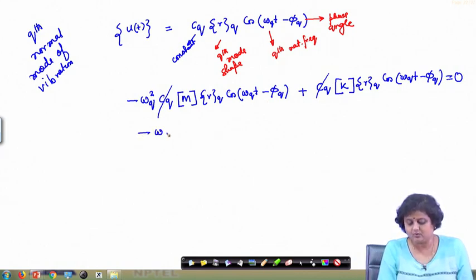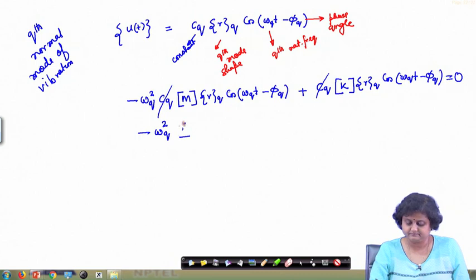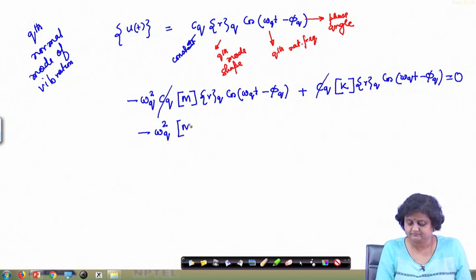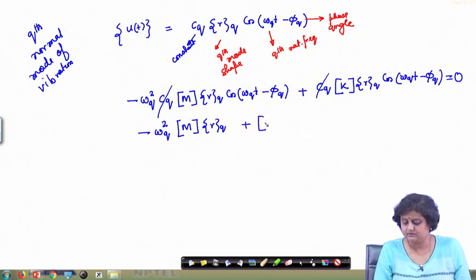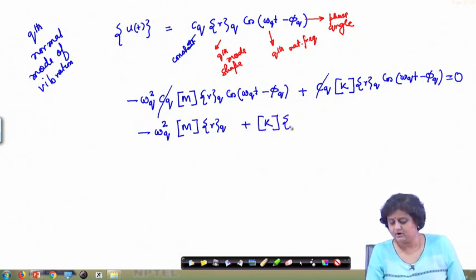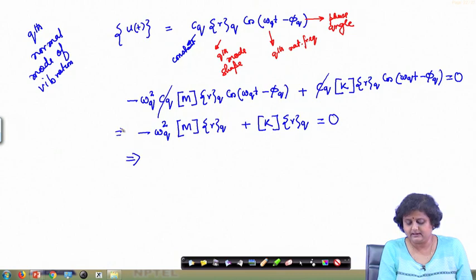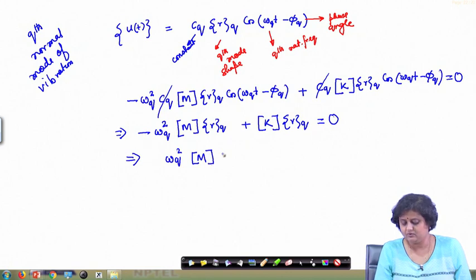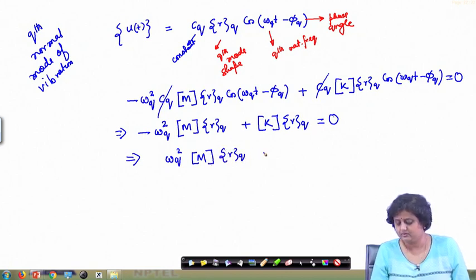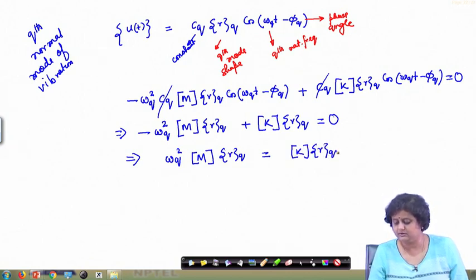Therefore, I have minus omega q square into m into r q plus k into r q is equal to 0, which can of course be written as omega q square m into r q is equal to k into r q.